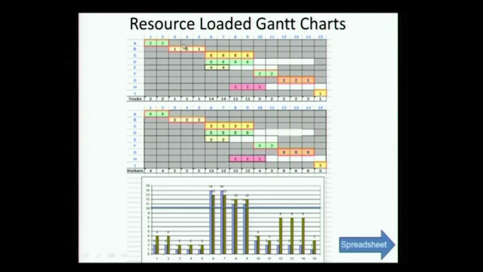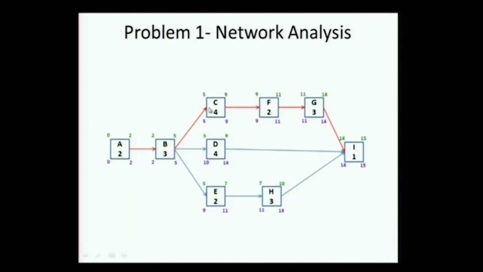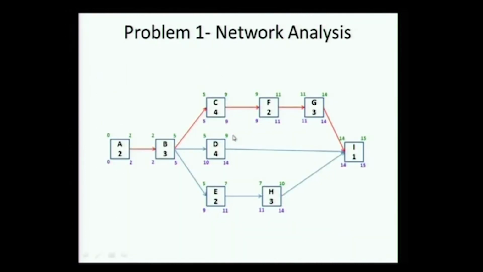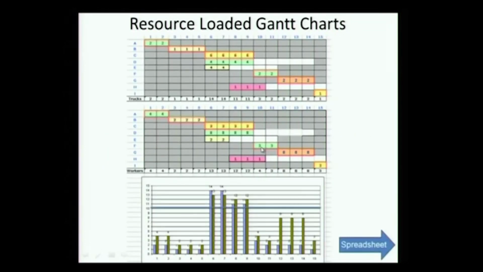All of the other activities have float. When you look at D, it has float all the way till the end. E right now has no free float unless H moves. So to get any float for E, I have to move H, and H moves only up to 40.